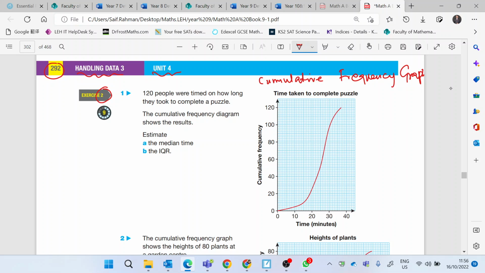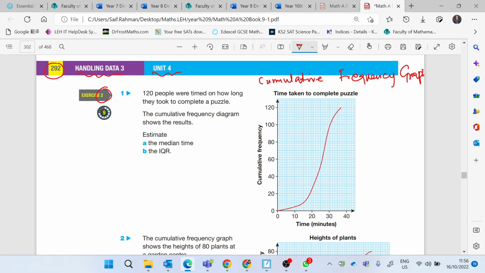Cumulative frequency is the frequency in which the total frequency is added up. For example, 0, 20, 40, 60, 80, 100. The frequency is plotted on the y-axis, the vertical axis, and the endpoints or data points are plotted on the horizontal axis.